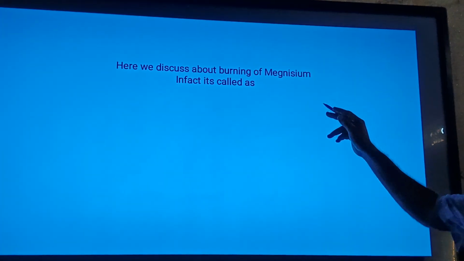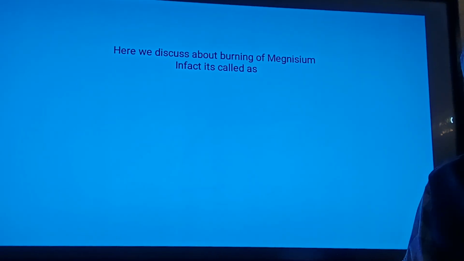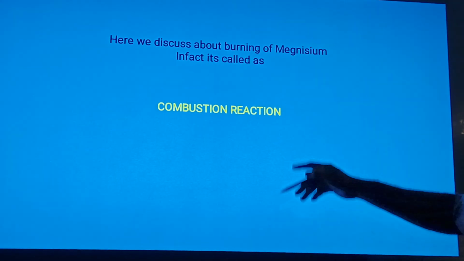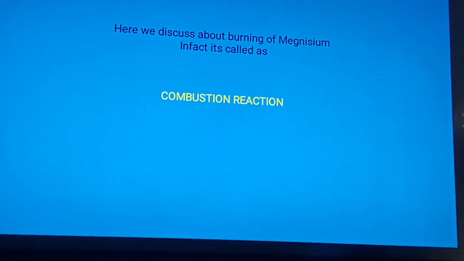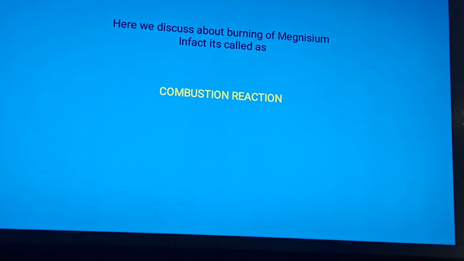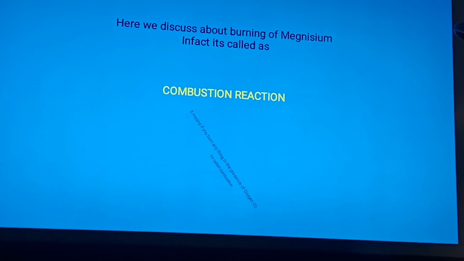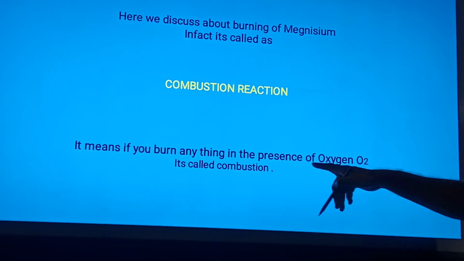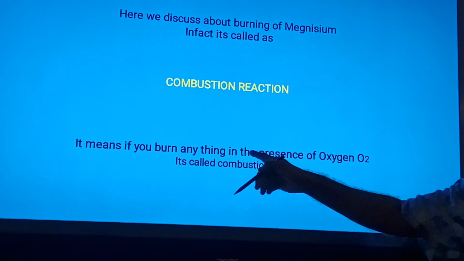Here we discuss burning of magnesium. Just see, a chemical reaction. Burning of magnesium is nothing but a chemical reaction. It means if you burn anything in the presence of oxygen, it's called combustion.